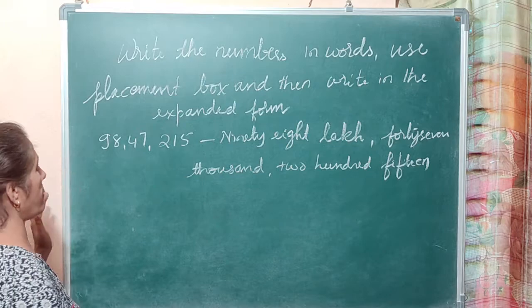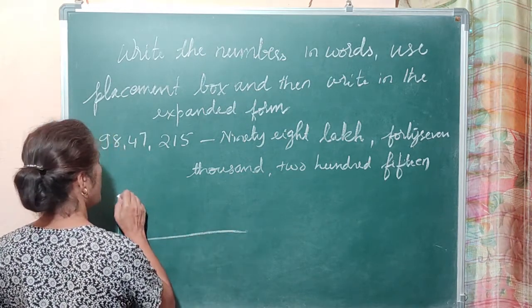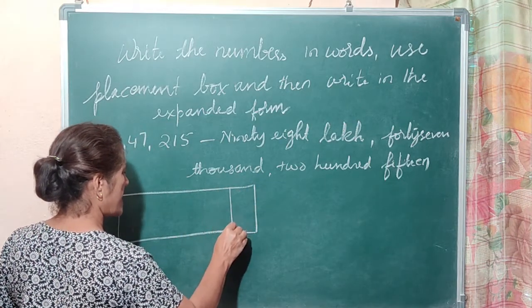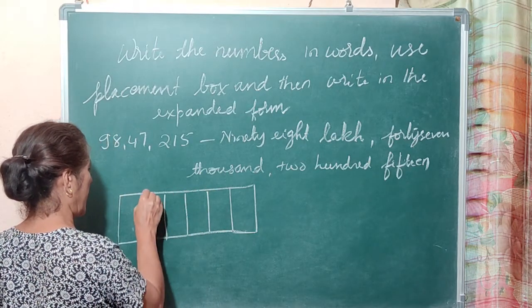Now, how do you use placement boxes? In the placement boxes, you have to draw like this. You draw neatly using a pencil and a scale. So, what do you have to do? Tell me.